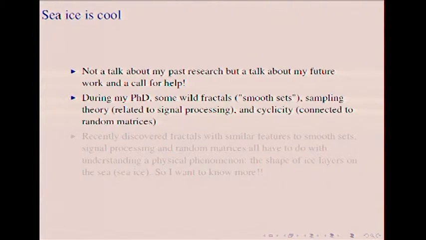During my PhD, I've recently discovered that many of the things that I've been doing are related with one particular topic, and this is sea ice. That's why I'm going to talk about that. For understanding how the layers of ice in the ocean form and how they evolve over time, we need to understand their fractal structure or their large-scale shape.